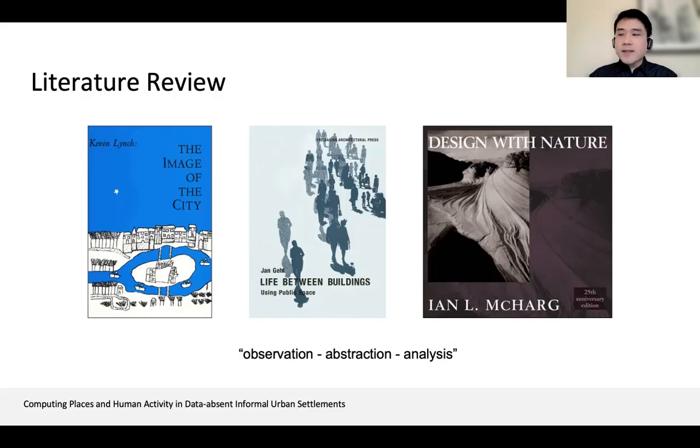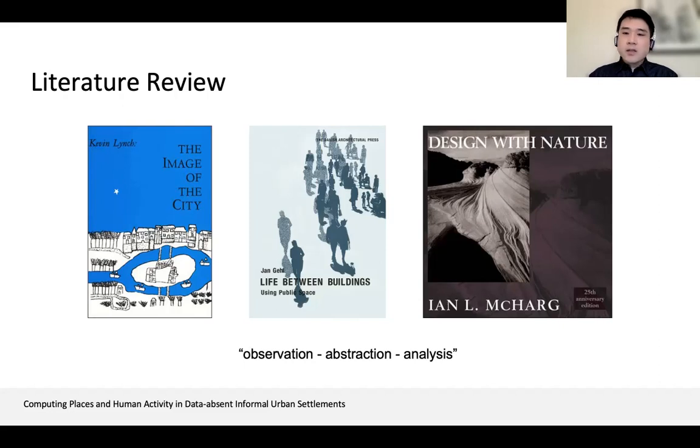Some well-established and widely adopted theories include The Image of the City by Kevin Lynch, the people observation approach articulated by Jan Gehl, as well as the site survey layering technique by Ian McHarg.